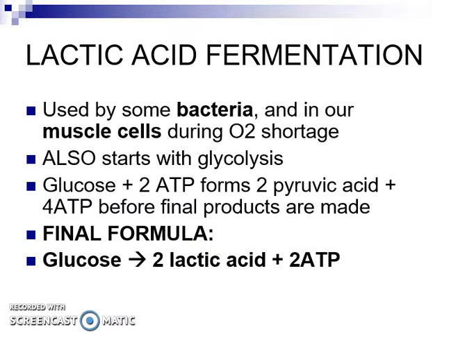Now, it's the same process. You're going to take glucose plus 2 ATP. It forms 2 pyruvic acids and 4 ATP before the final products are made. And in the end, you're going to end up taking glucose to produce 2 lactic acid molecules and 2 ATP. Now, again, I'm not going to be testing you or quizzing you on these concepts, but I do want you to know that this is a less efficient form of respiration, and our bodies actually do this when we can't get enough oxygen.